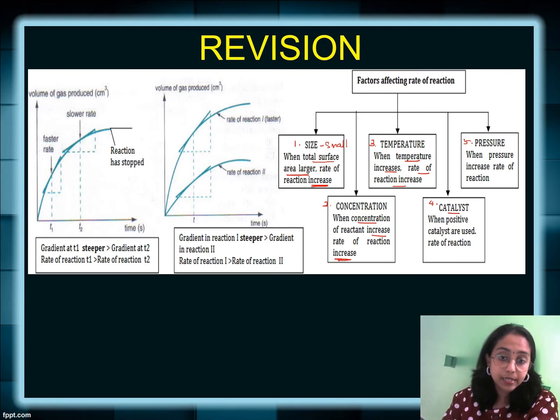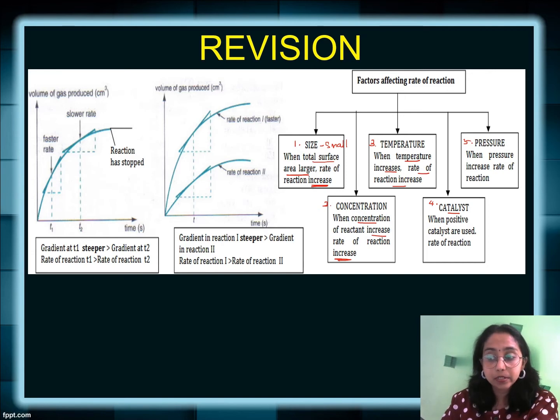As you can see for T1 and T2, the steeper it is, the greater the gradient. When the gradient is greater, the rate of reaction is higher. So the rate of reaction at T1 is higher than T2 because the gradient of T1 is steeper compared to T2. Now let's look at this graph.